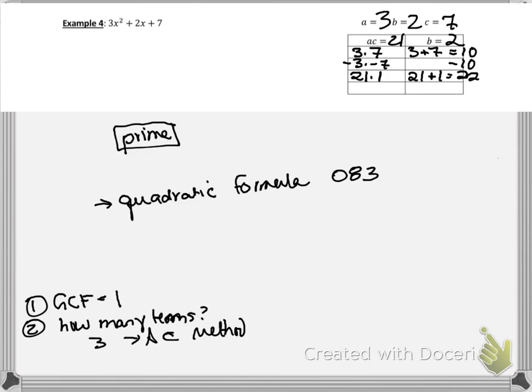But for right now, we don't need to trouble ourselves with all of that. Once we've exhausted all of our possibilities and realize that there isn't an integer solution that satisfies the requirement that AC is 21 and B is 2, then we can just write prime and then we're done.